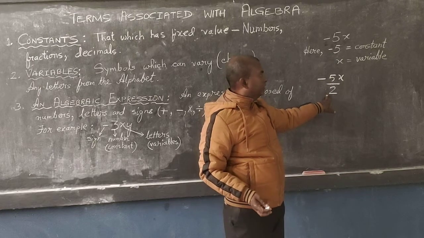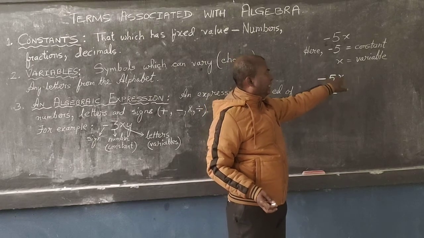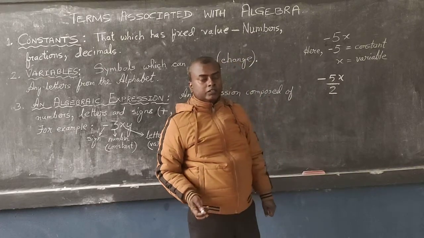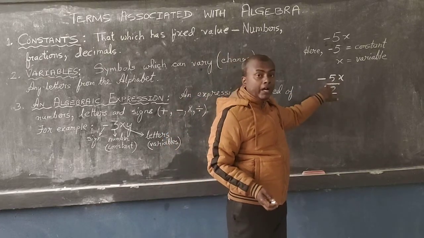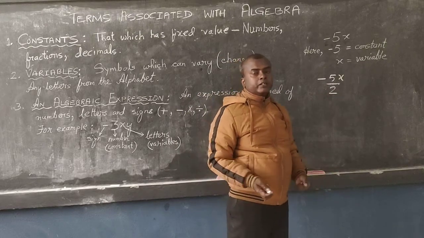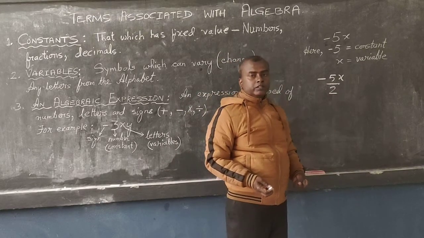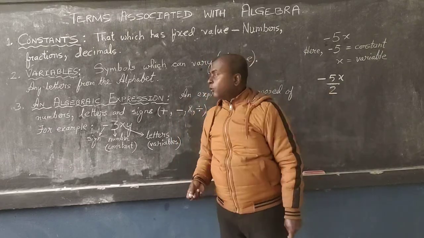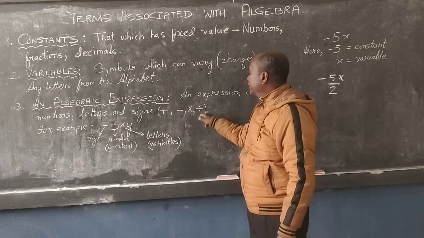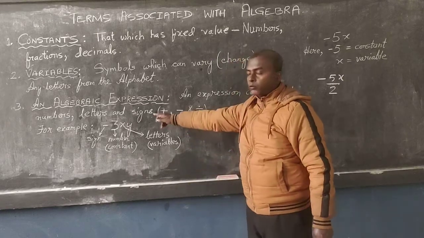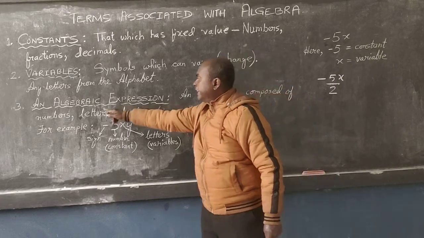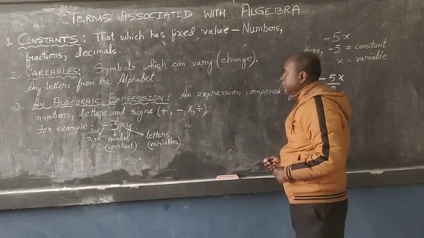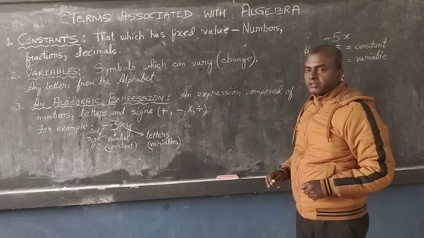When we pronounce it, we say minus 5x divided by 2, or simply, to cut it short, minus 5x by 2. What is this by? It is divided by. The word by in mathematics denotes division. So all these four arithmetic operators, together known as signs, letters and numbers, when grouped together, we call an algebraic expression.